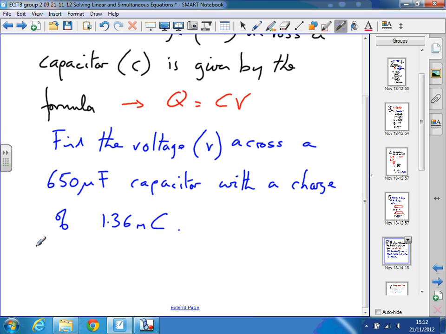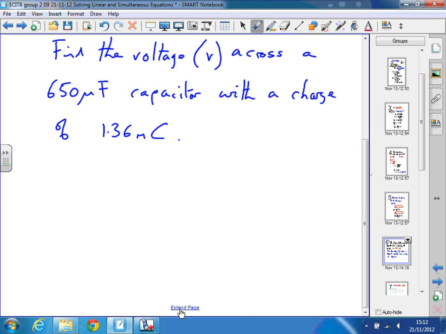The formula that relates to charge, the capacitance and the voltage across in a circuit like this. So we've got that Q equals CV. But I want the voltage, so I need to be able to rearrange that for V. Q is C times by V, so divide both sides by C, and we get V equals Q over C. So I've got the formula.